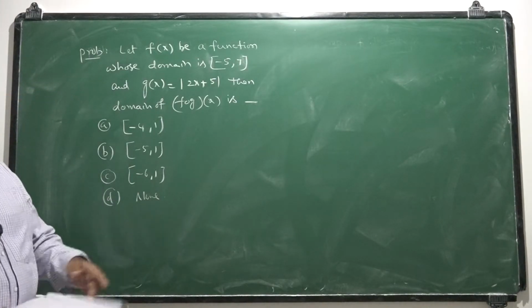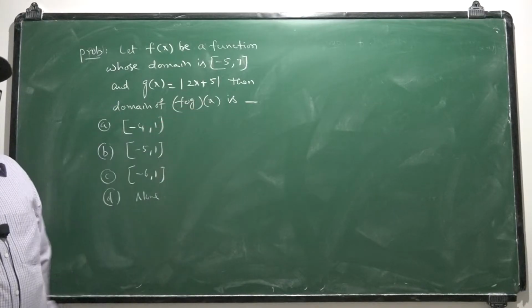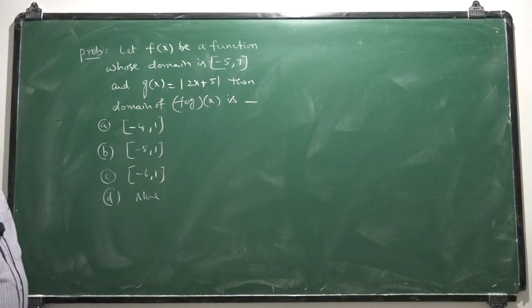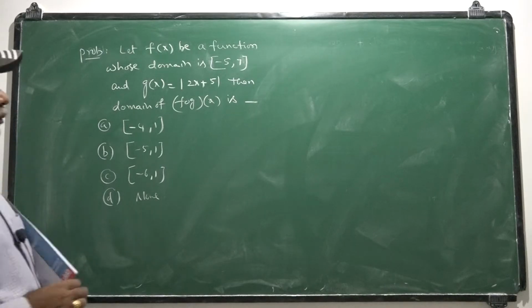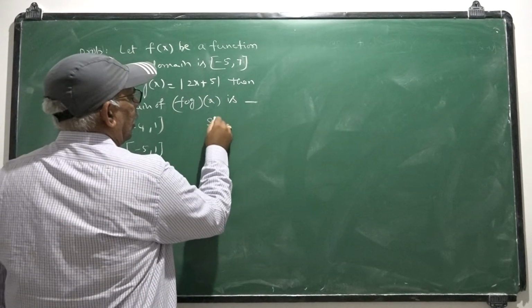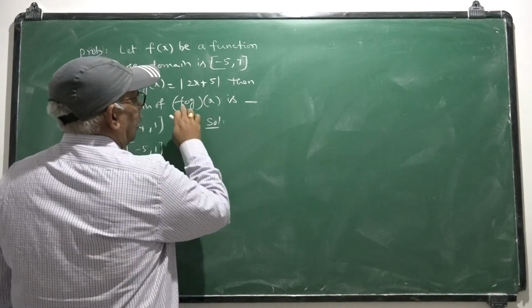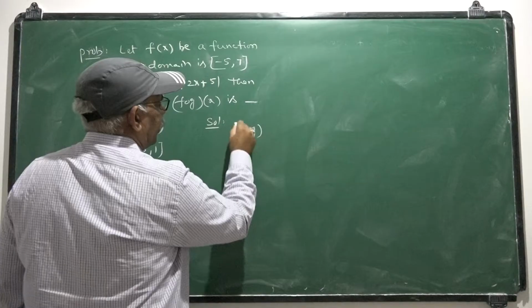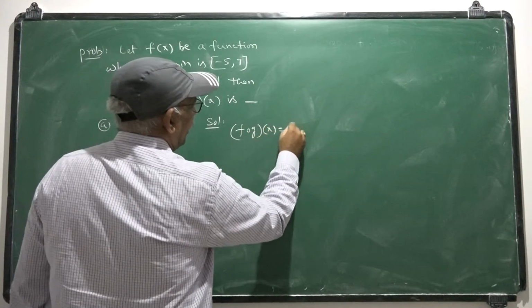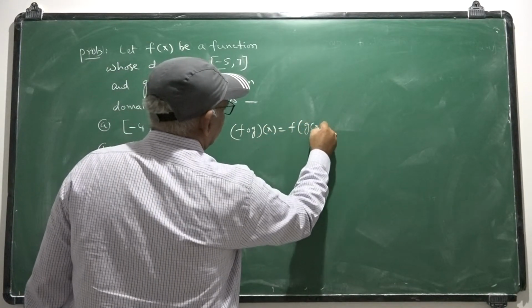The composition of mappings f∘g(x), that is f of g of x; the domain of f∘g(x) is needed here. f∘g(x) is nothing but f(g(x)).